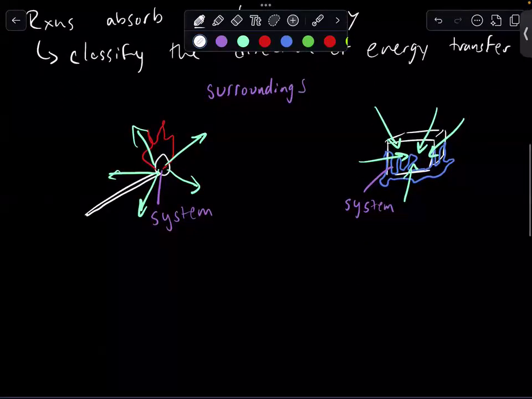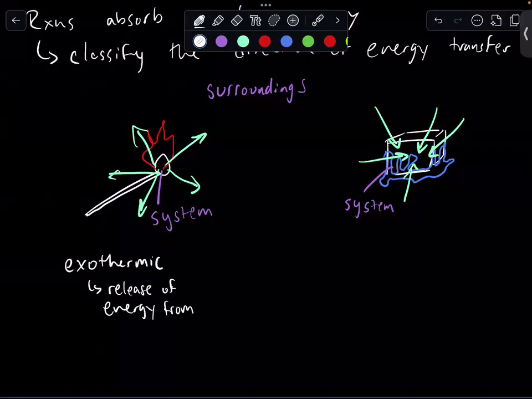So when we have energy leaving, we call this exothermic. Exothermic specifically means a release of energy from the system to the surroundings. Otherwise, the other reaction is endothermic.